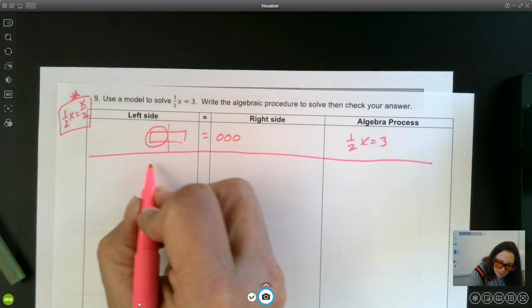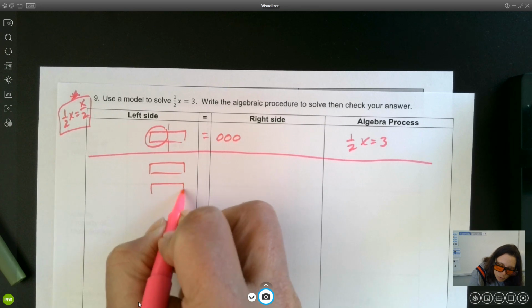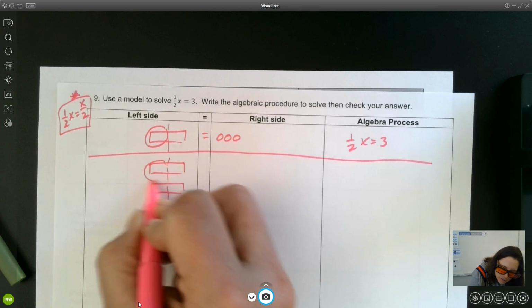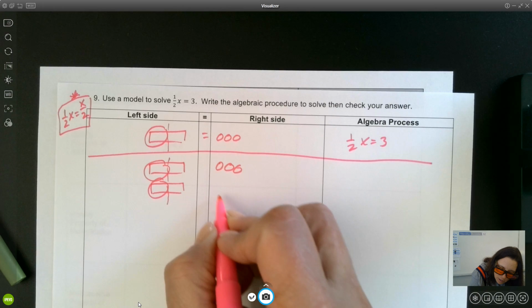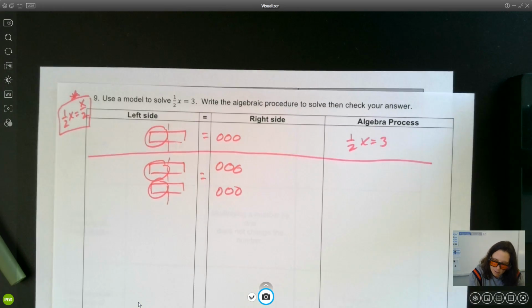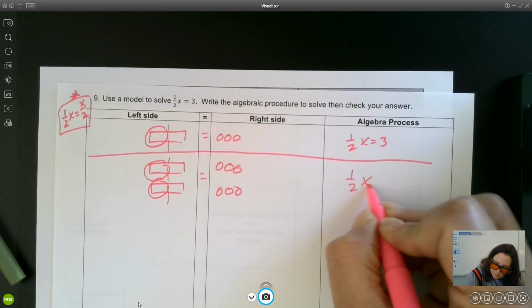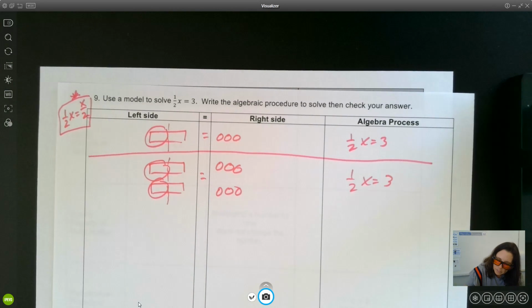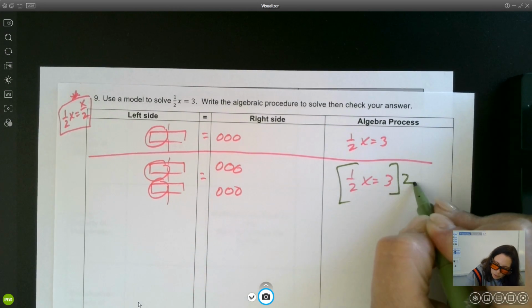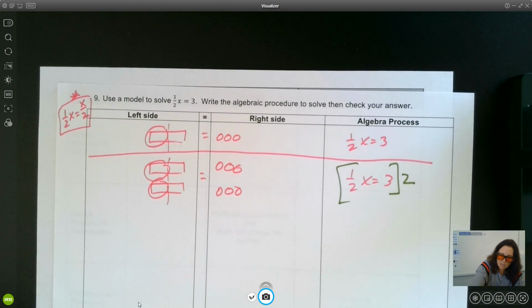To get a full x, wouldn't I need to do 2 of these 1/2 x's? And wouldn't I need to do 2 of that?